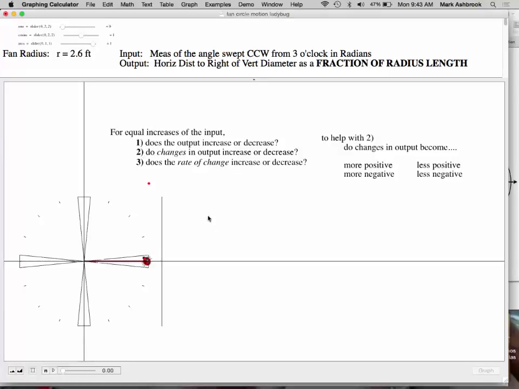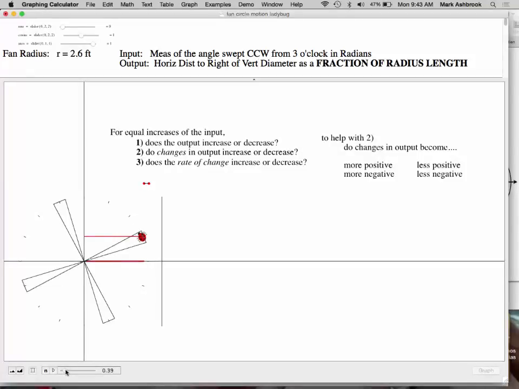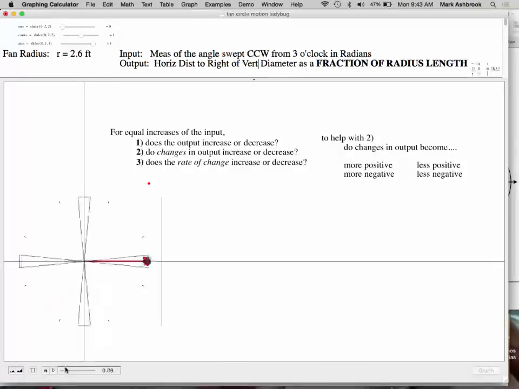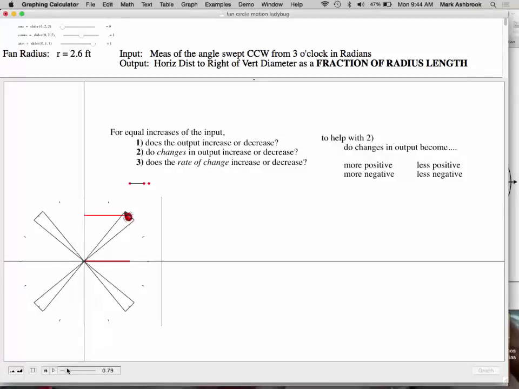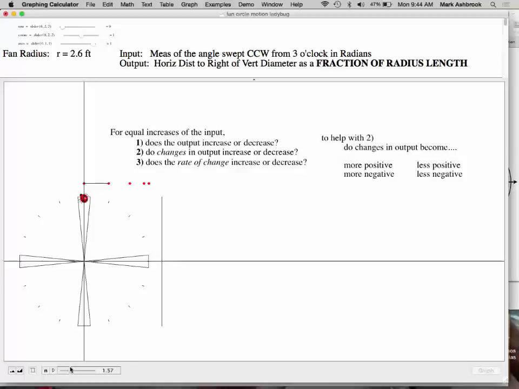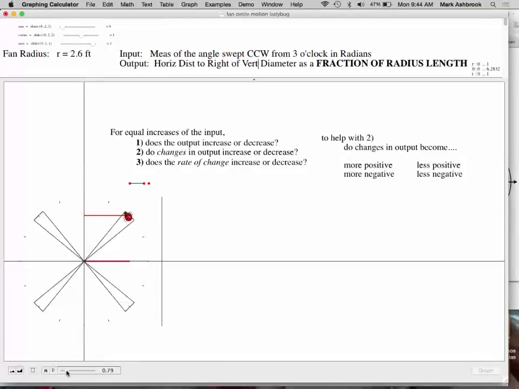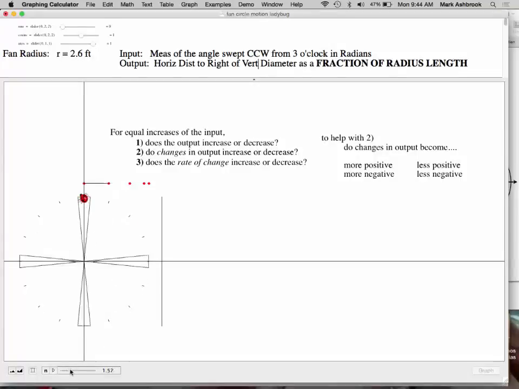Now we're looking at horizontal distance to the right. First quadrant. You're first going to ask, does the horizontal distance itself increase or decrease, and from what to what? That horizontal distance. And then you ask the changes, are they positive or negative? Getting more or less positive or negative. Go, talk. First quadrant.